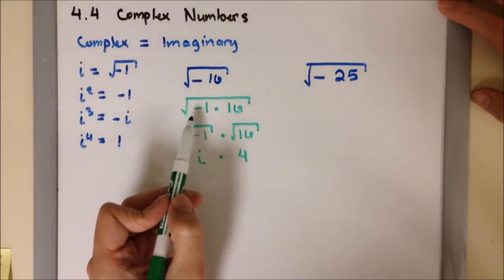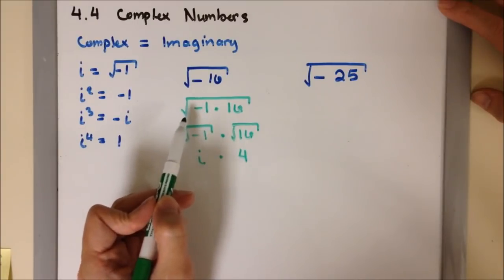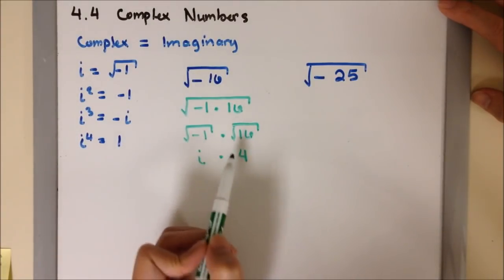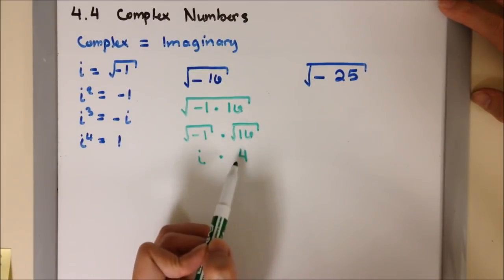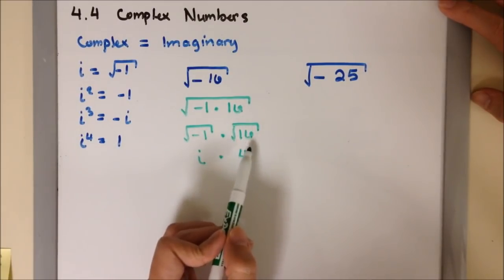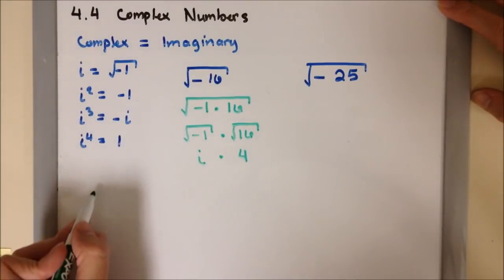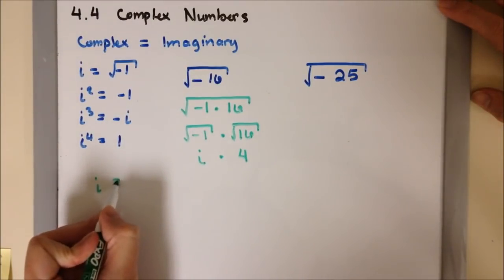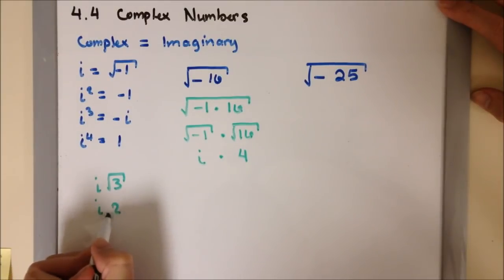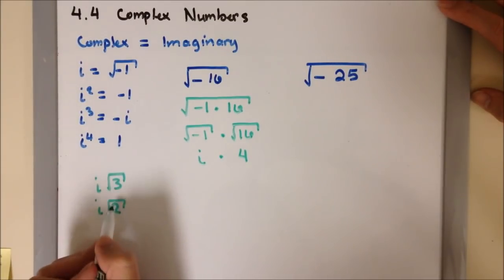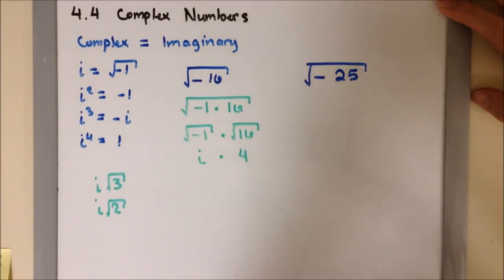Now, the reason I put -1 first is because sometimes you cannot find the square root of a perfect square number. Meaning if you don't have a perfect square number, you might have something like i square root of 3 and i square root of 2. With these types of examples, we're going to put the i in front of the square root and the square root of the numbers go behind.